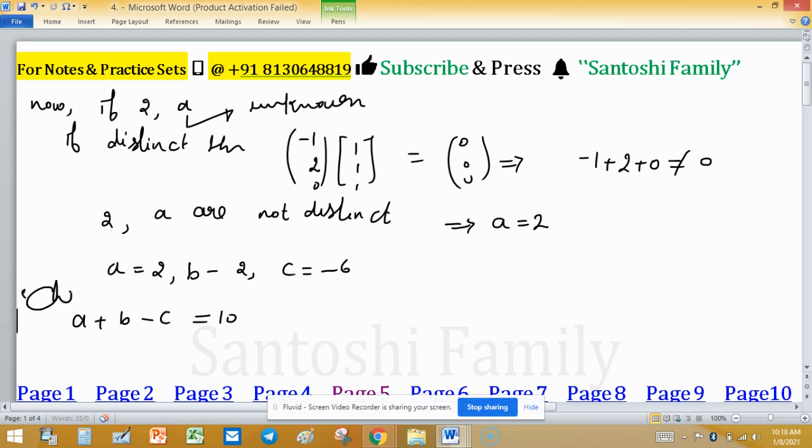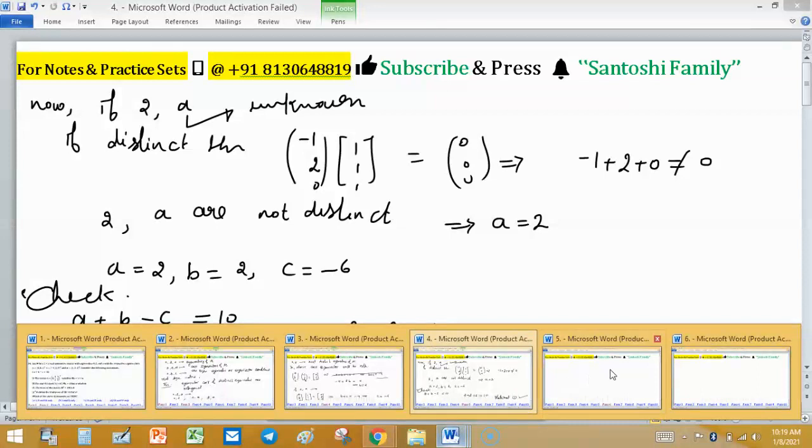The value of a is 2, b is again 2, and c is minus 6. So the minus sign turns it to positive, giving 10. So the first statement is true. Now check another statement.